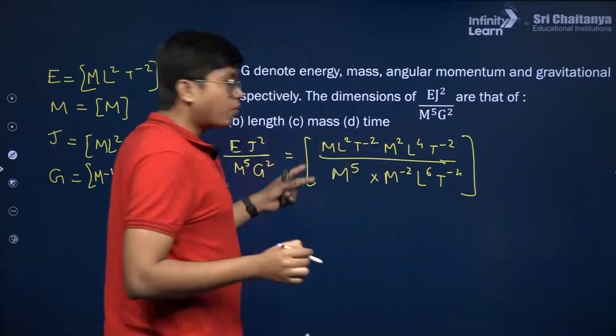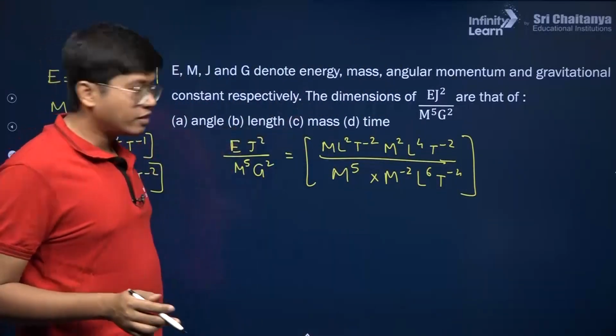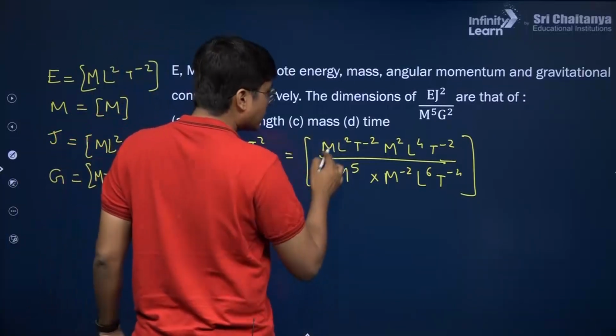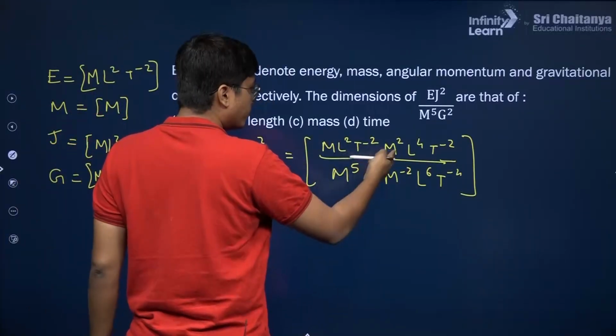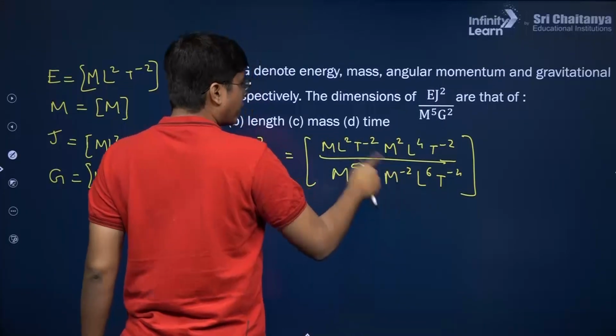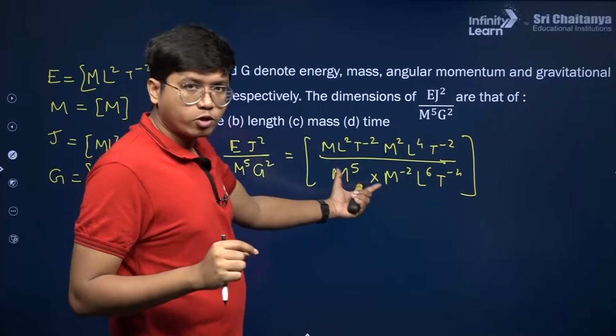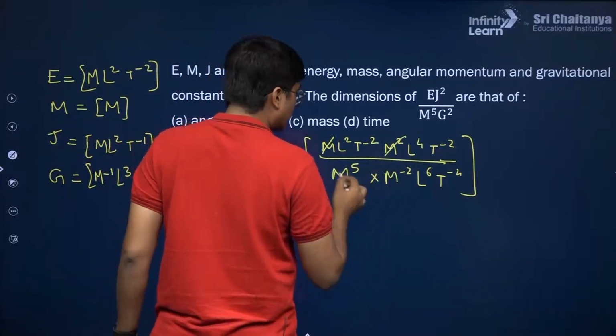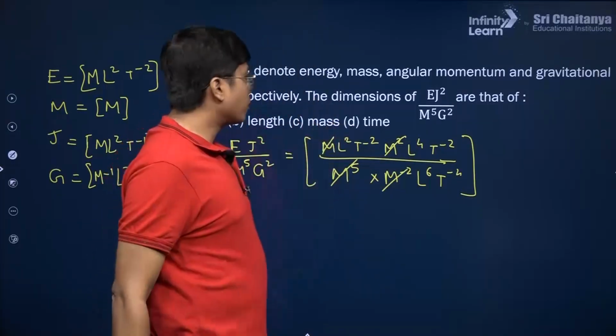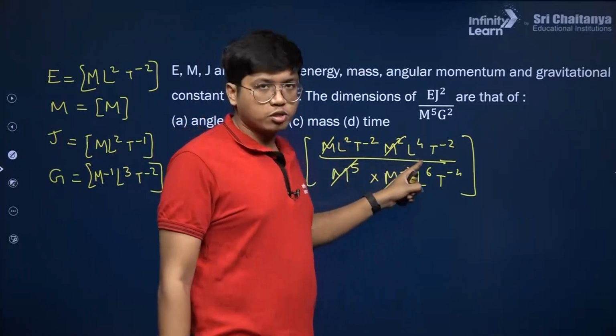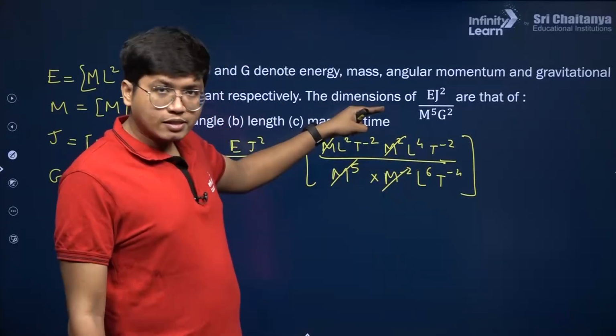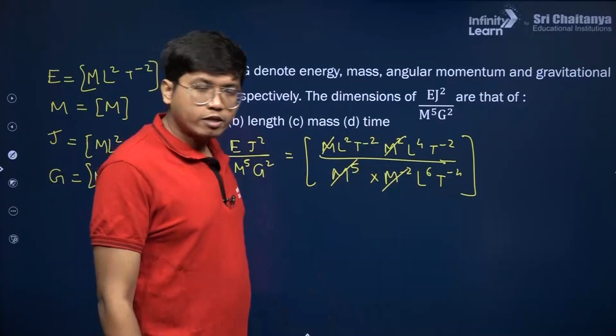Now let's see what the dimensions of this are when we simplify all the masses, lengths and times. Up top we have m³. Down below we have m⁵ into m⁻², so also m³. So the masses cancel out. Next, the length: L² into L⁴, so L⁶ up top. Down below also L⁶.